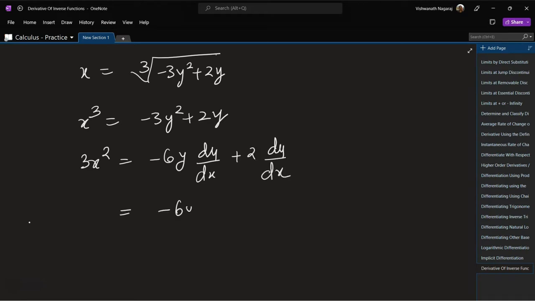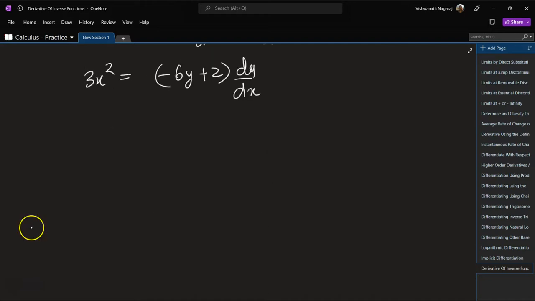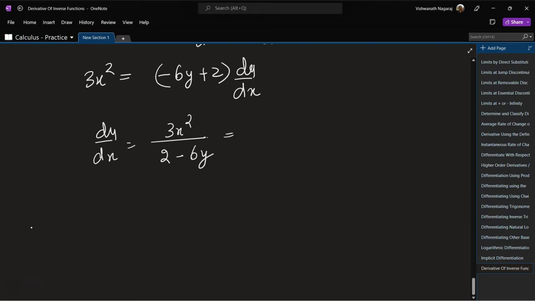Now, minus 6y plus 2 times dy by dx. So dy by dx is equal to 3x square by 2 minus 6y. We can take commonality out. So 2 times 1 minus 3y.